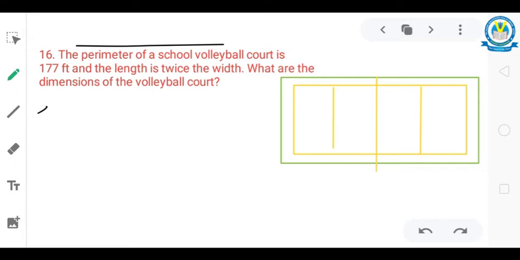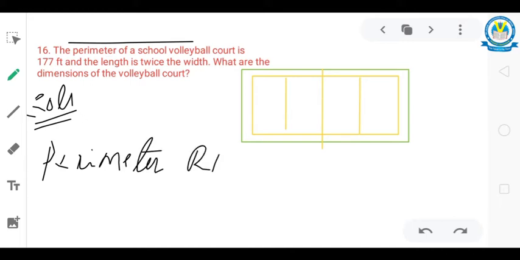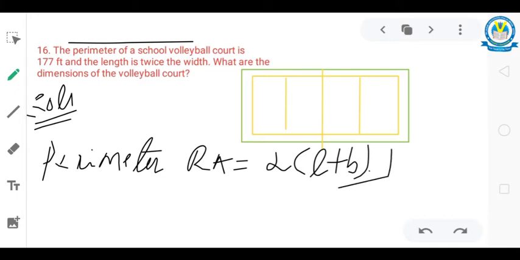So we already know the perimeter of a rectangle equals 2 into (L plus B). Here this is the length and this is the breadth.